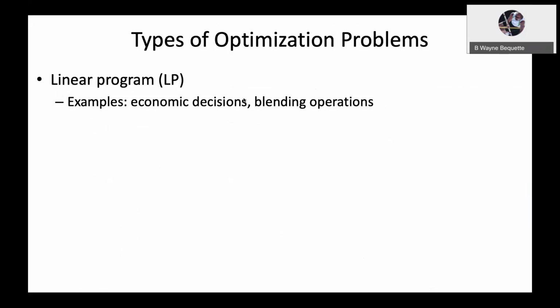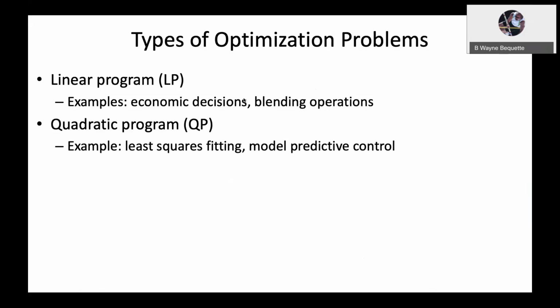There are several types of optimization problems that you're going to encounter. One is the linear program. The examples are typically economic decisions, blending operations, and such. Then a quadratic program includes least squares fittings. You're generally familiar with linear regression types of problems, and also model predictive control, where you're coming up with a sequence of control moves that minimize a quadratic objective function.